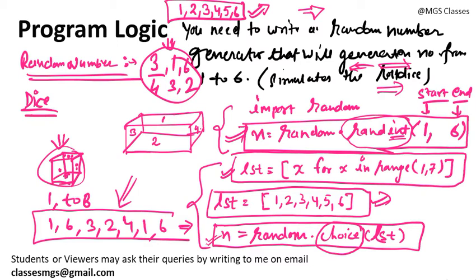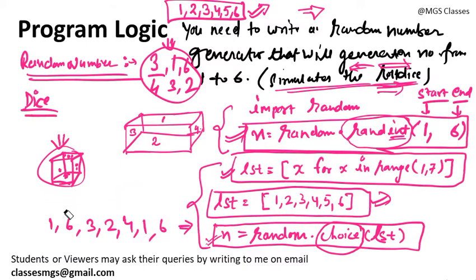Now one thing you should remember: we need to simulate the dice functionality. Simulating a dice roll means the user may roll the dice as many times as he wants, so for that we need to write an infinite loop. And how do we write an infinite loop in Python? We can write while True.